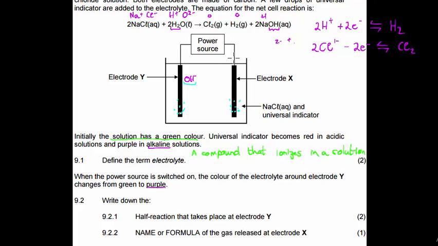If this is a negatively charged electrode, electrons are being fed towards this electrode. So if electrons are coming towards this electrode, then this electrode is the one that donates electrons to hydrogen.